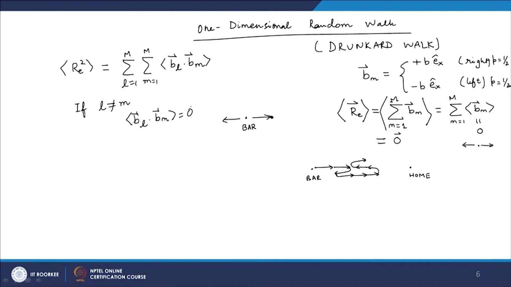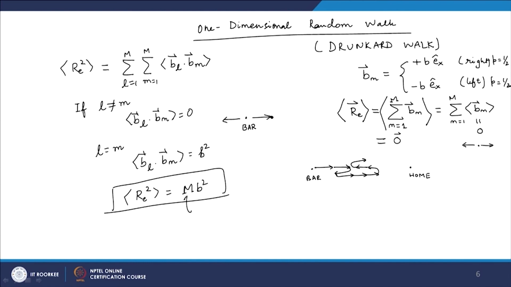Again you can say that by the same logic as earlier, when L will be equal to M, then we are multiplying two vectors which are the same. So, this must be equal to B square, and so we again have the same result where M now is the number of steps that he makes in the Drunkard walk, and again we do see the same relation I had earlier.